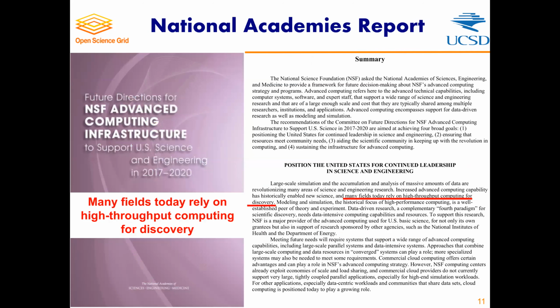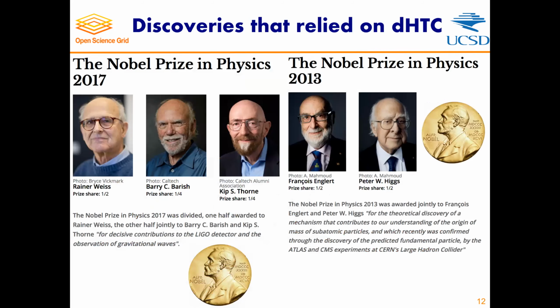Then I want to briefly mention that apparently what we do is recognized by the National Academies. There's a report out that says many fields today rely on high throughput computing for discovery. Then there's the obvious shoulder clapping. There are 2 discoveries that in the last 10 years got Nobel Prizes.